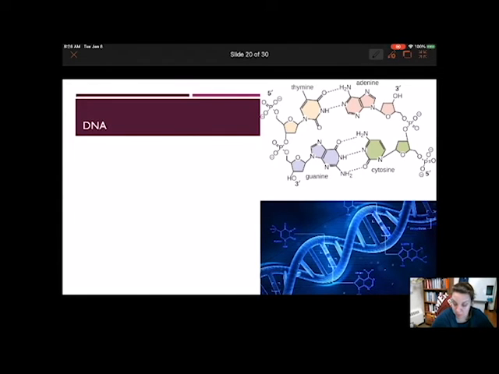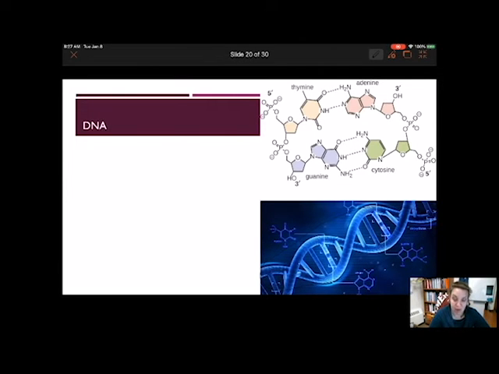We have a double helix, and that double helix is held together by hydrogen bonding. You may be familiar with the base pairs that form: thymine, adenine, guanine, cytosine. Those are specific. We only have those base pairs that form within DNA. And the reason for this is the location and amount of hydrogen bonds within those structures.